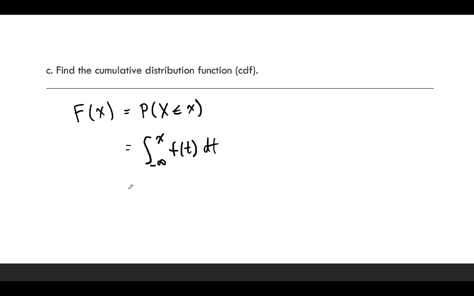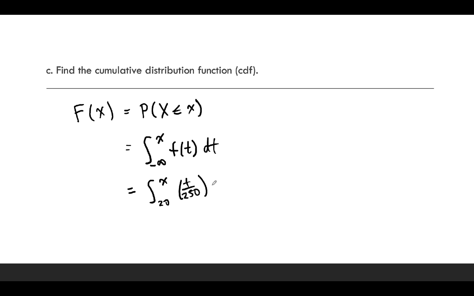Okay, let's substitute now in our finite bounds. For this specific function for this problem, we don't actually go down to negative infinity. We only go down to 20, and it's going to be varying up to x, of f of t. Now, f of t in this case is going to be t over 250.